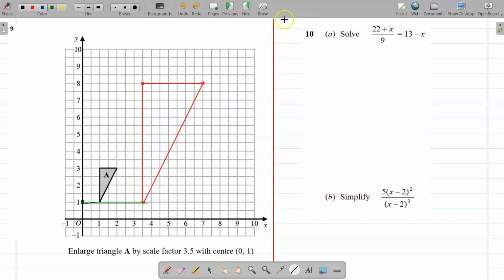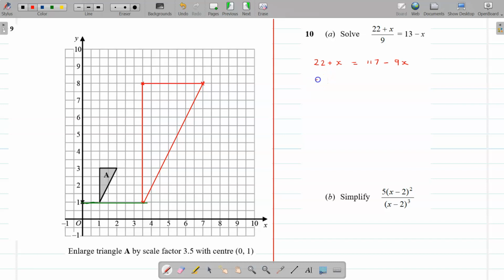Okay, next question. This is about solving an equation. So all we need to do here is just the same thing to both sides. So 22 plus x, I'm timesing both sides by 9. 9 times 13 is 117, take away 9x, because you're timesing everything on the right by 9. Add 9x to both sides.